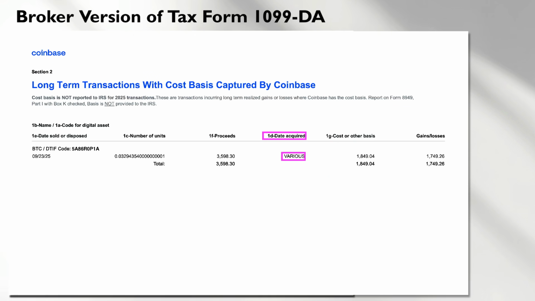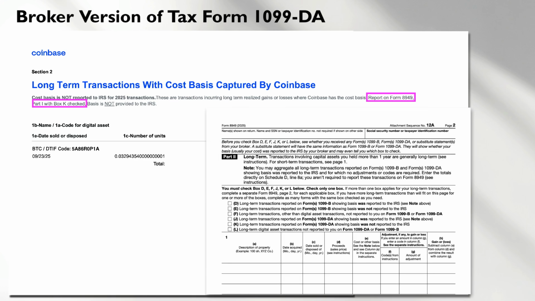The acquisition date may also display "various" for multiple purchases. The same type of information is shown for long-term transactions. If those transactions are non-covered and cost basis was not reported to the IRS, the report will indicate that the appropriate Form 8949 box, such as Box K, should be checked.